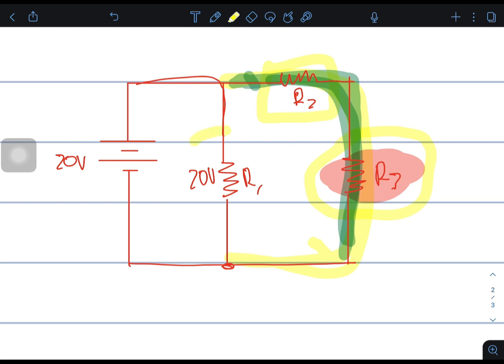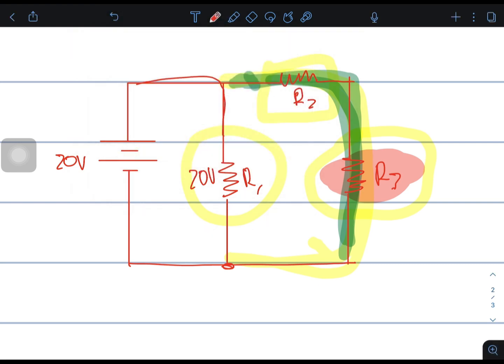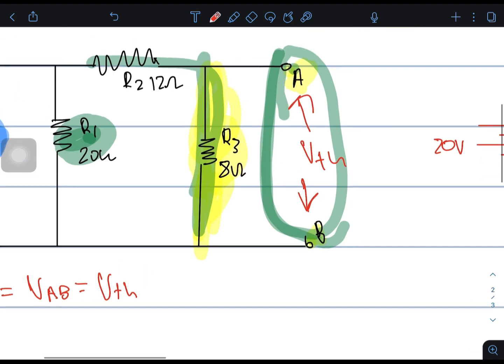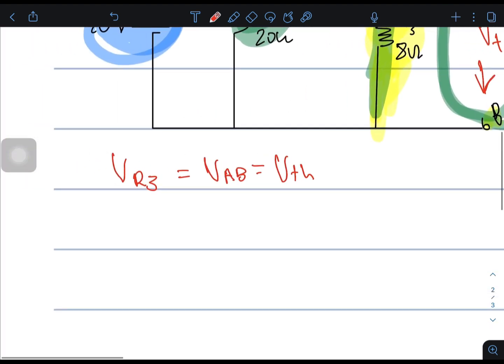Then they are in parallel with this resistor. Since we know that the voltage across this series combination is 20 volts, we can use the voltage divider rule to calculate how much voltage is across R3.